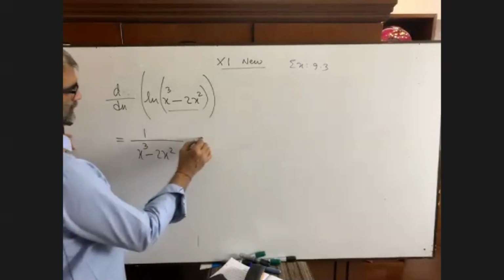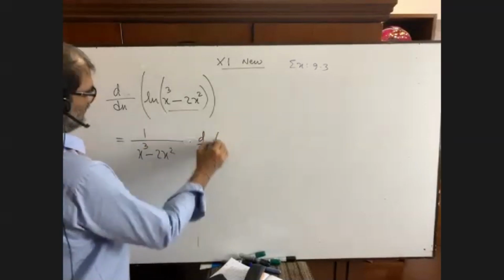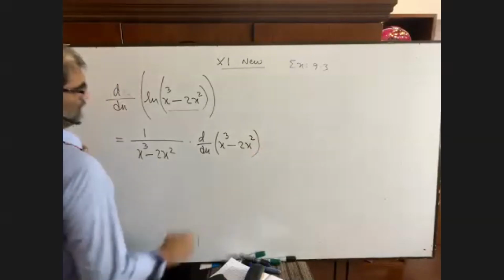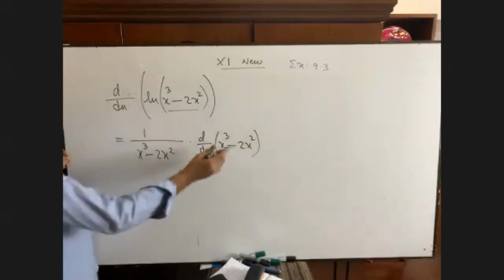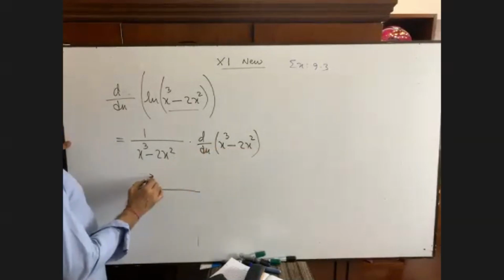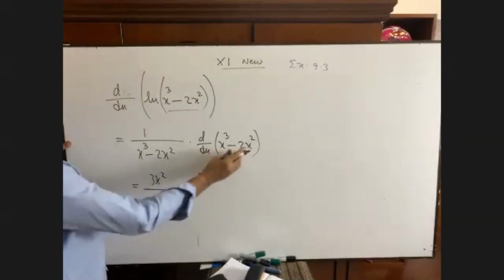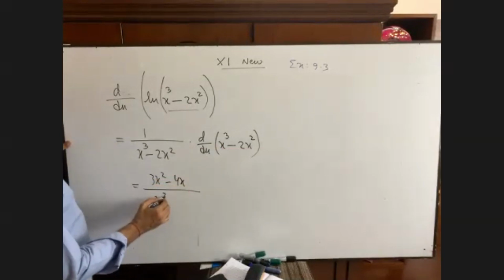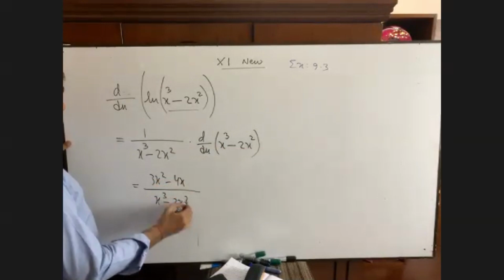So this x now will be differentiated, and we know its derivative is 3x square, and here it is 4x, over x cube minus 2x square.